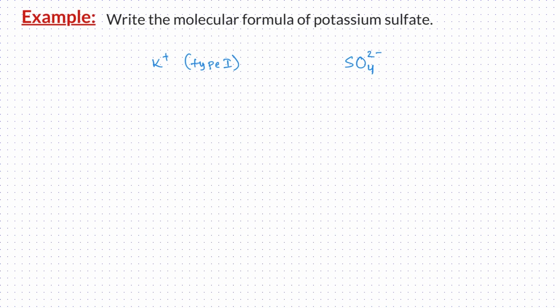We can do the crisscross method and exchange the charges on the individual ions as the subscripts. Therefore, potassium sulfate is K2SO4. Note that the polyatomic ionic compounds are no longer binary compounds. That is, they have more than two types of atoms.